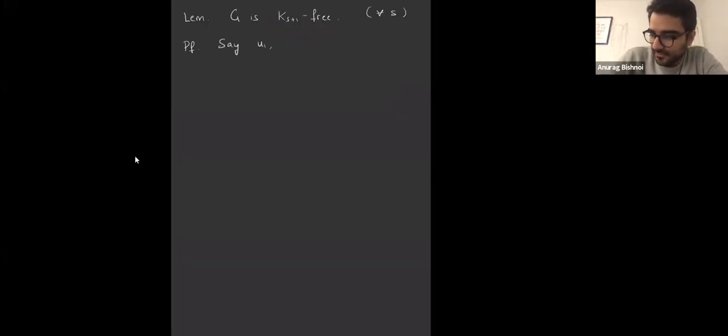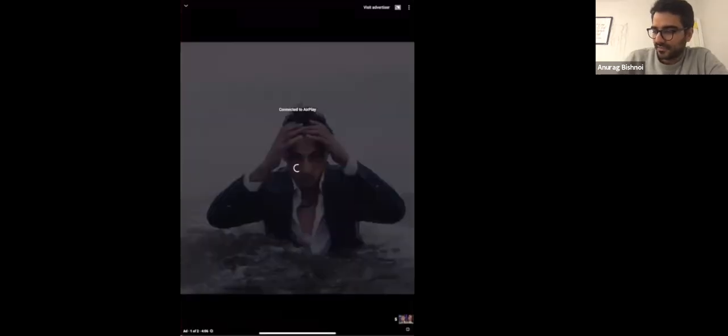Say u1, ..., uk is a clique. Then from the adjacencies, we know that beta of ui comma uj is equal to 0 for all i not equal to j. Moreover, beta of ui comma ui is non-zero.